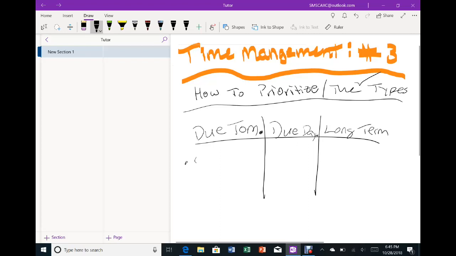Okay, so due tomorrow is probably going to be some worksheets, assuming you didn't procrastinate, which will increase your stress, so make sure not to do that. Alright, but anyway, so things that are due tomorrow would probably be like worksheets, math, worksheet, French. Due in a couple days, probably take home quiz.